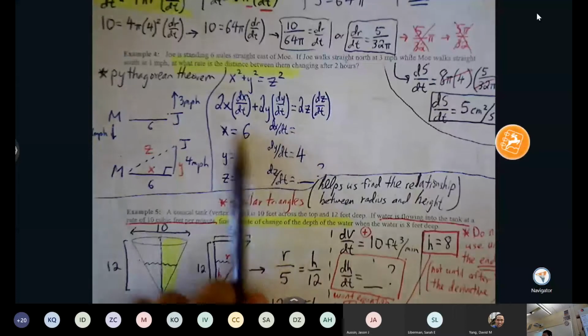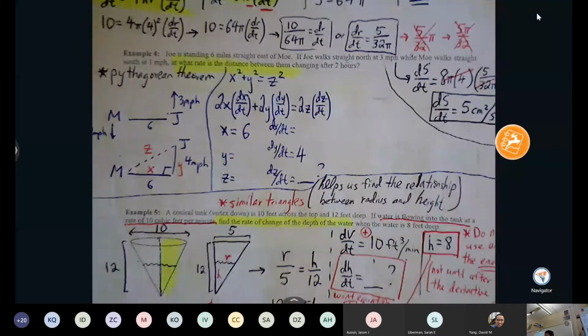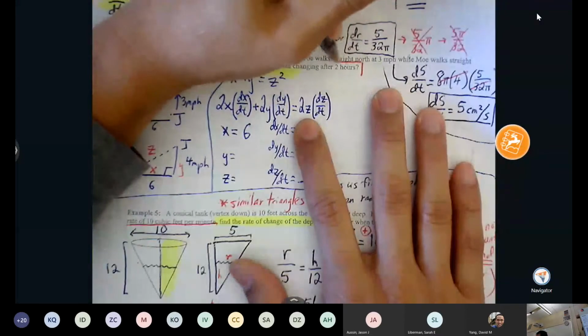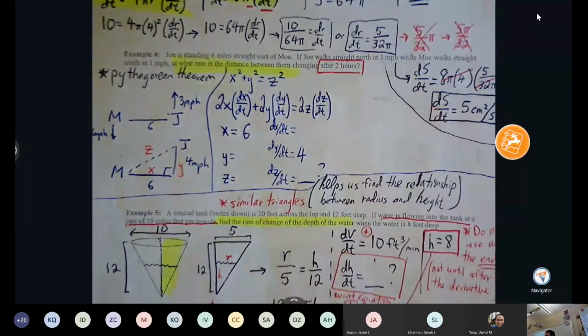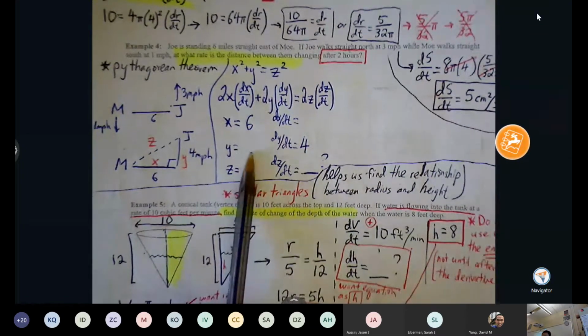All right, we're not ready to plug in, right? We have all these missing pieces here still. So here is going to be something that will help us out. We're looking at a specific scenario 2 hours into the problem. So maybe we can figure out what y is.